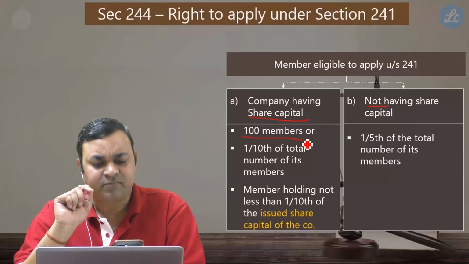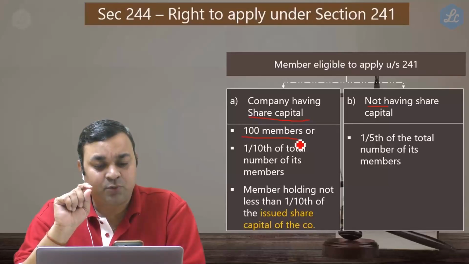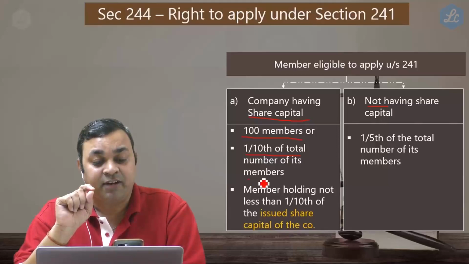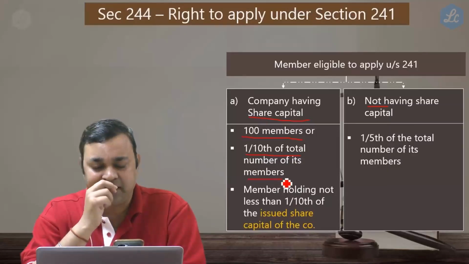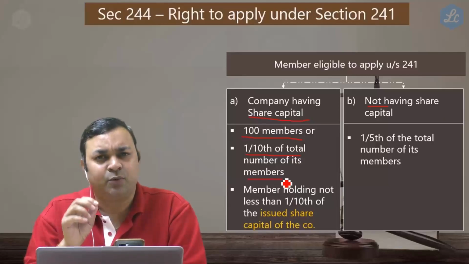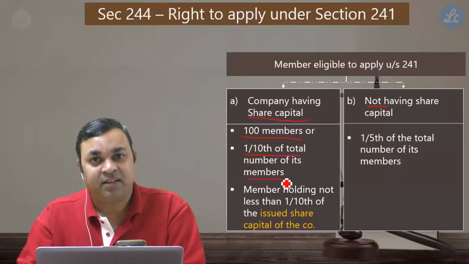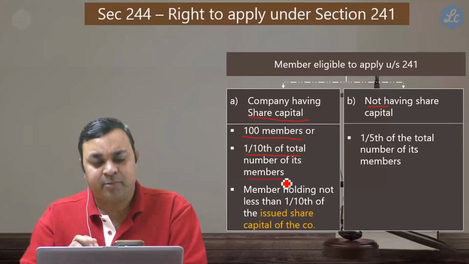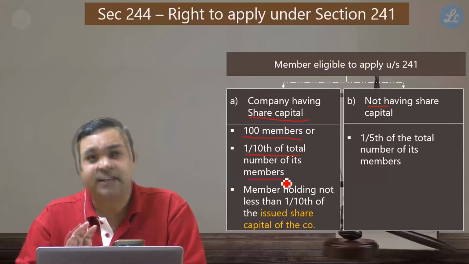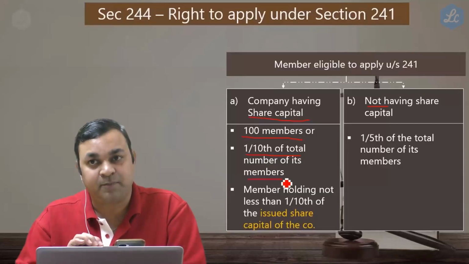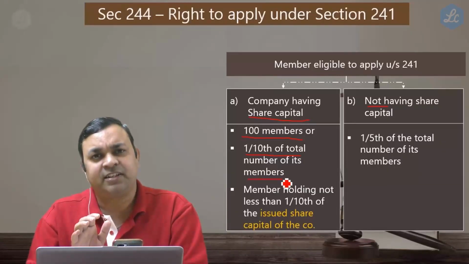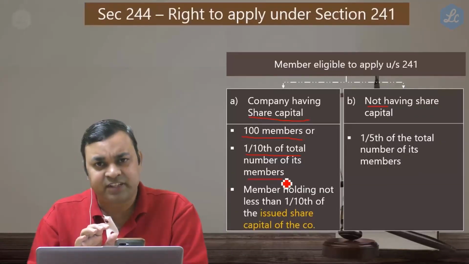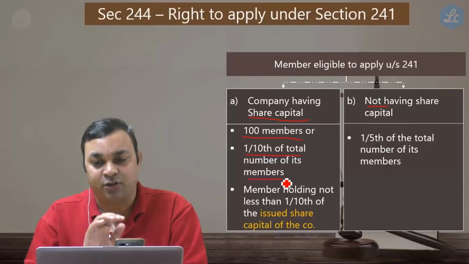Second, 1/10 of the total number of members. Now remember one thing, 1/10 of the total number of members. Suppose, for example, in our company there are only 200 members, and out of these 200 members, only 40 members applied under Section 241. Now, you need to answer whether this application is maintainable as per Section 244 or not.